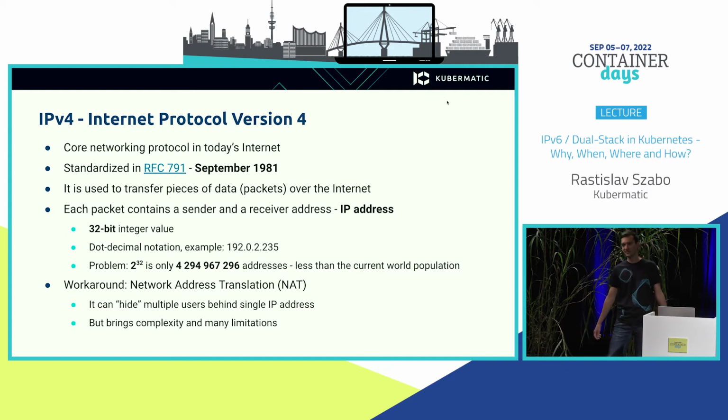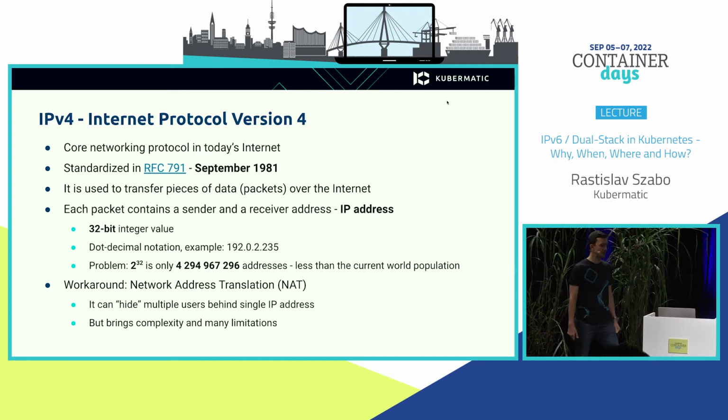So obviously, it is not enough for the demands that we have right now, where everybody is using multiple internet-connected devices. So not every device can have its own IP address. And because of this, IP addresses are actually quite expensive nowadays. If you wanted to buy a larger chunk of IP address pool, you would need to pay a lot, and maybe it wouldn't even be possible for your ISP provider.